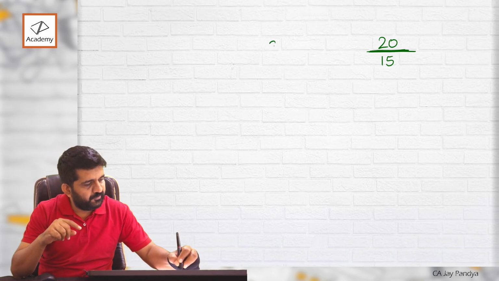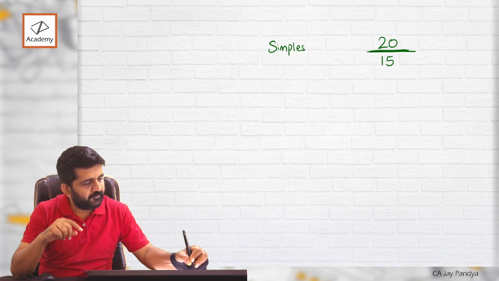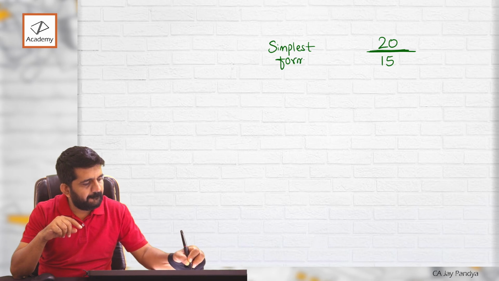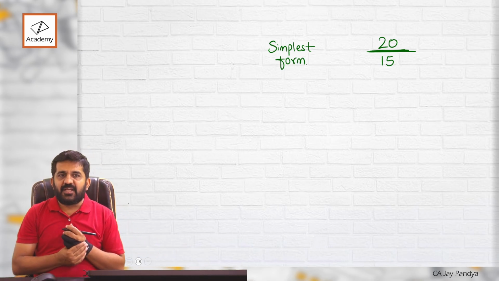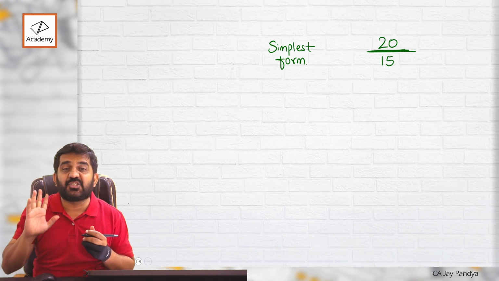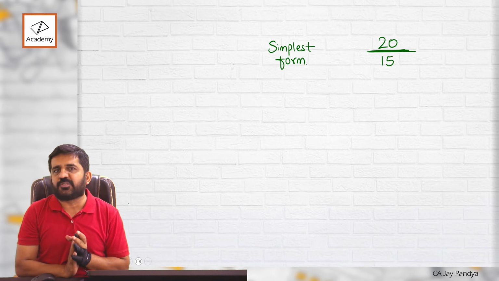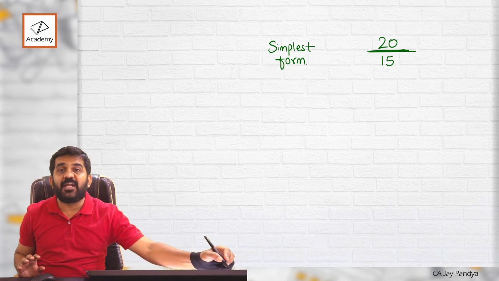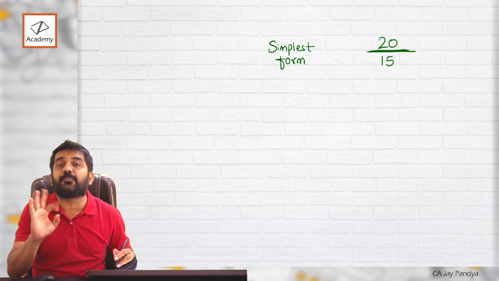Try to understand. I am writing two numbers, 20 divided by 15. Right? I am telling you, write this in its simplest form. 20 divided by 15 is also simple, but instead of 20, I want the lowest number possible.